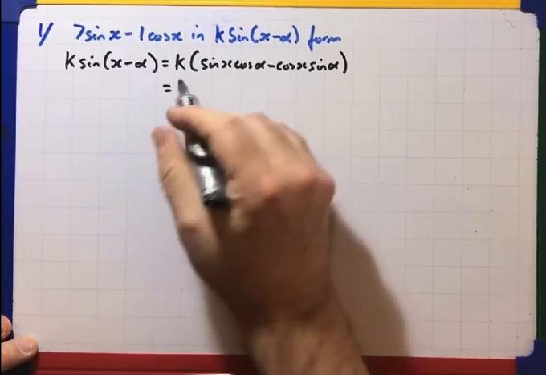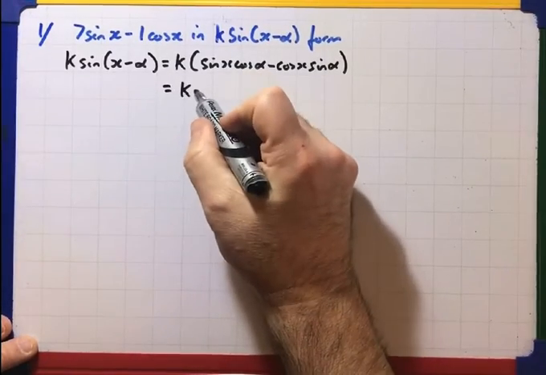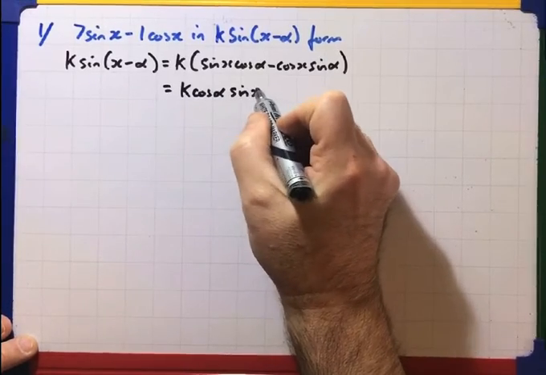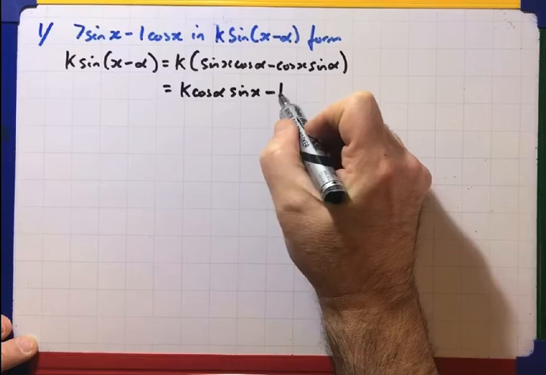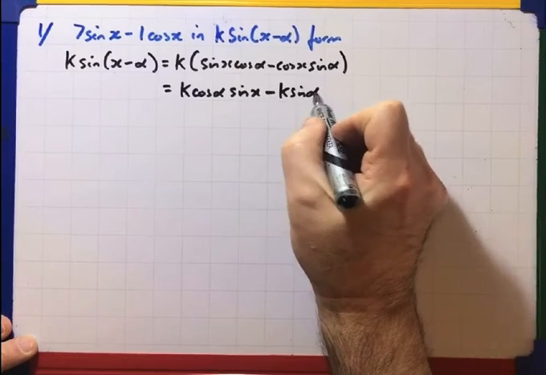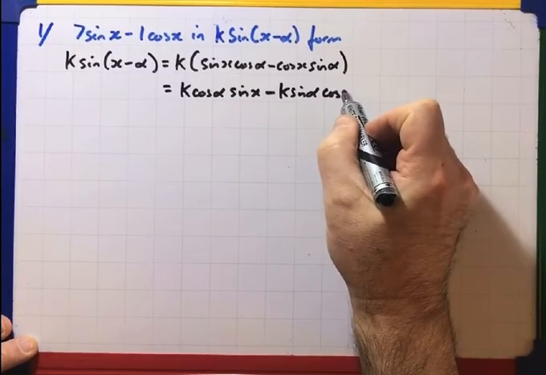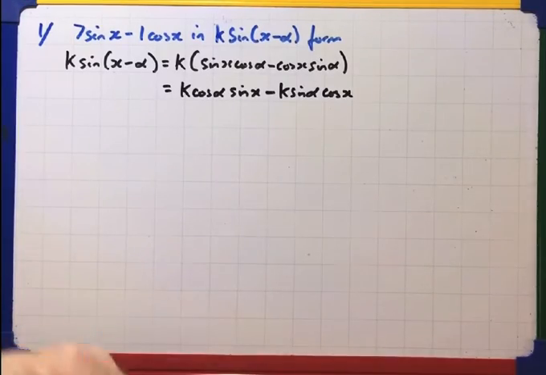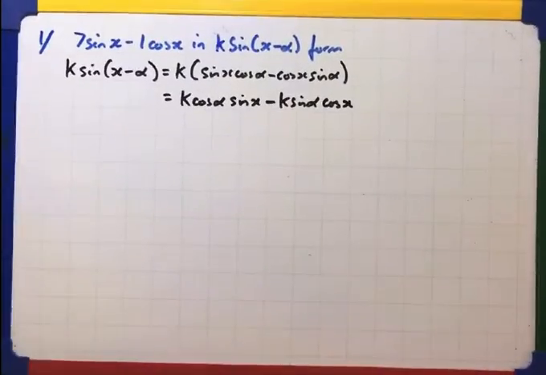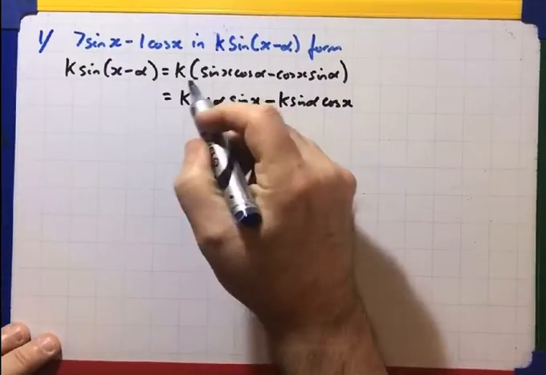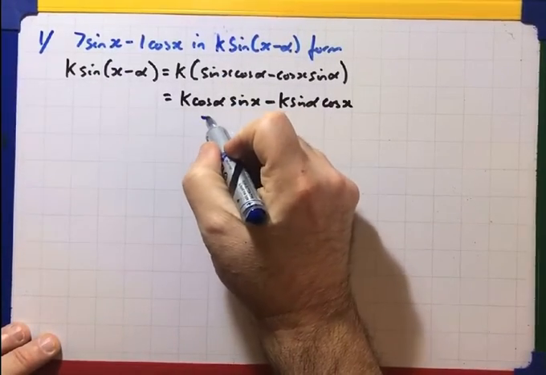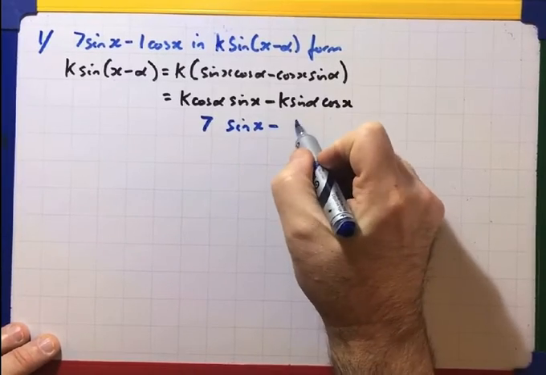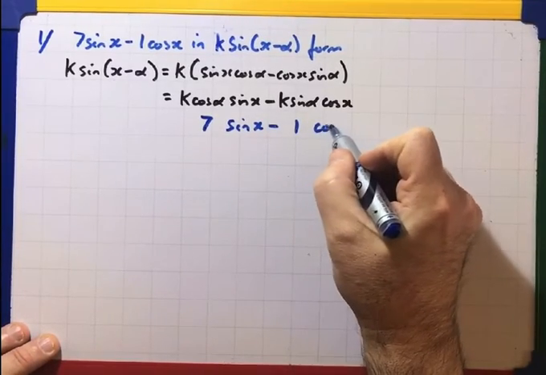Rearrange it so you've got the constant at the front: k cos alpha sine x minus k sine alpha cos x. Remember, we want the x bit at the end. We then compare that to what we had up here, which is 7 sine x minus 1 cos x.